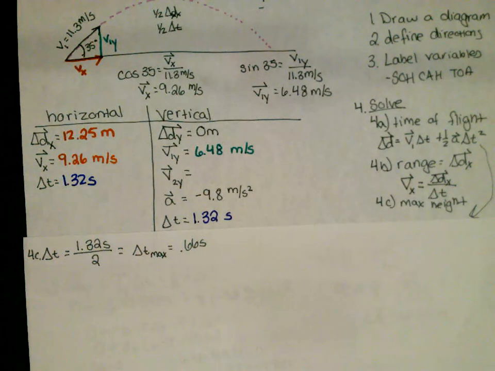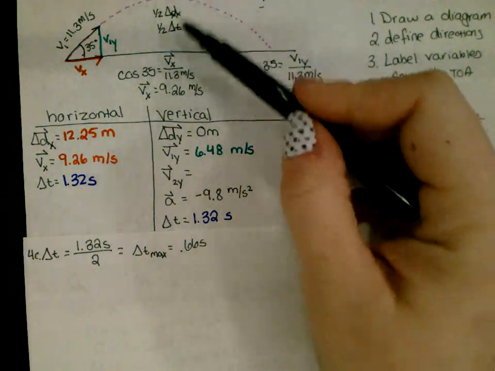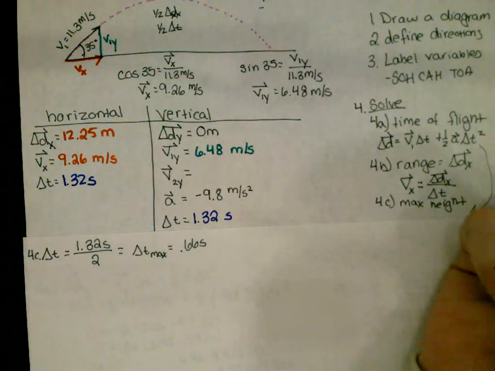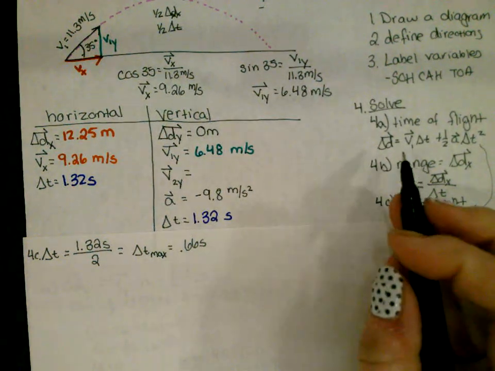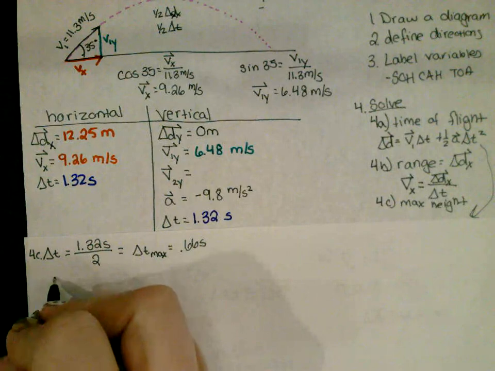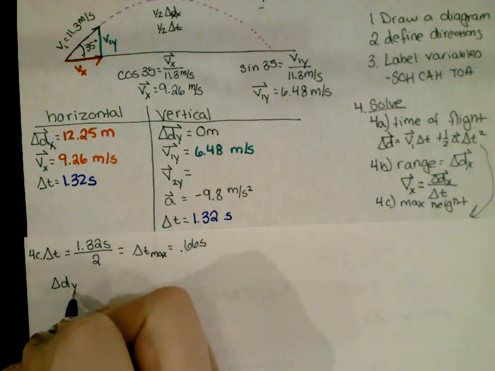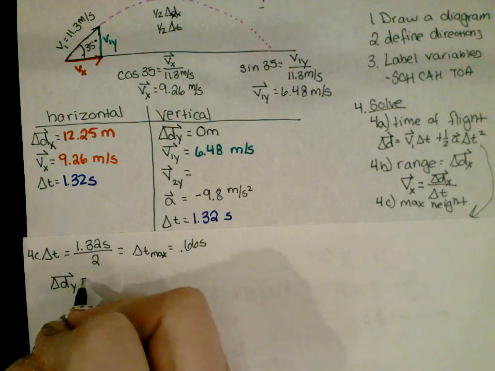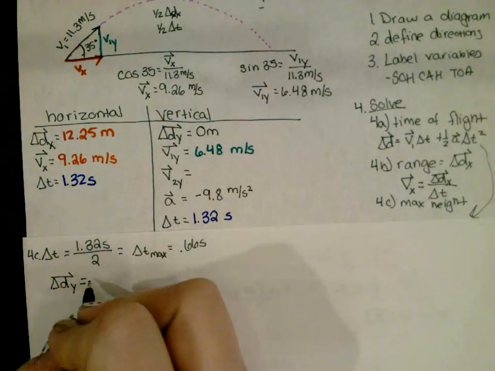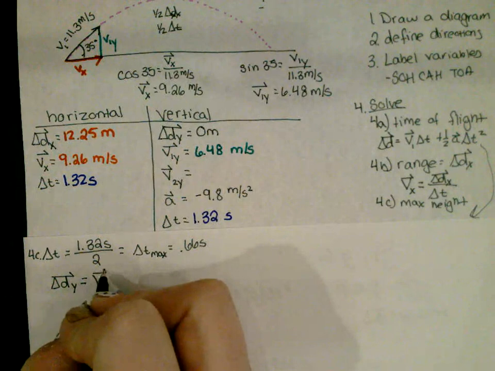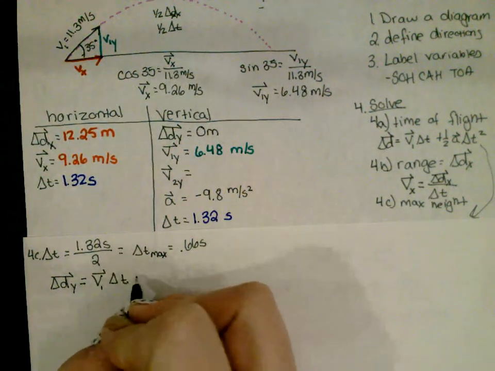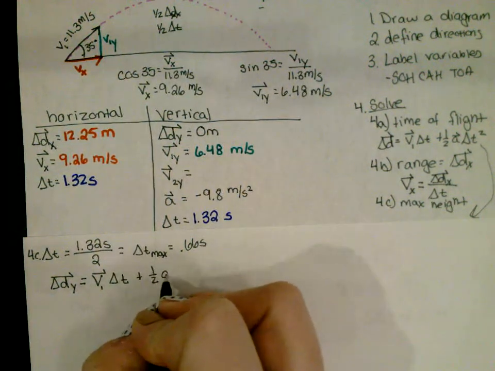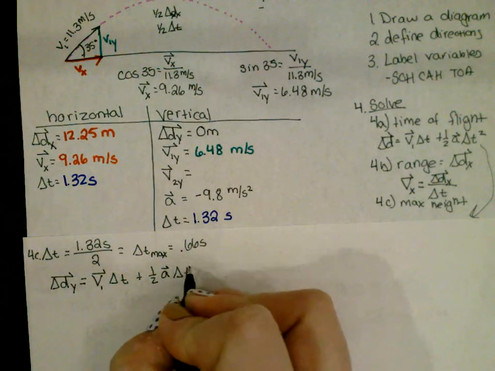All right, so at 0.66 seconds, where is the ball in the air? That's what we're looking for. And I said we were going to use this kinematic equation we used before. So our change in displacement, or our displacement on the y-axis, is equal to initial velocity, change in time, plus 1/2 acceleration, change in time squared.